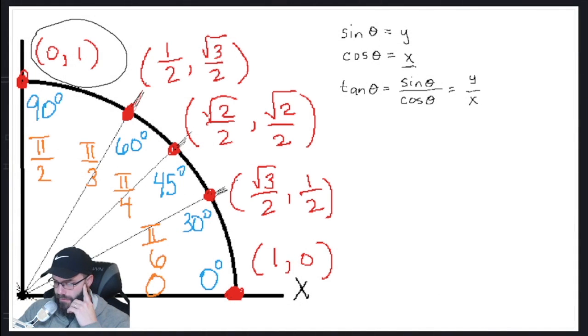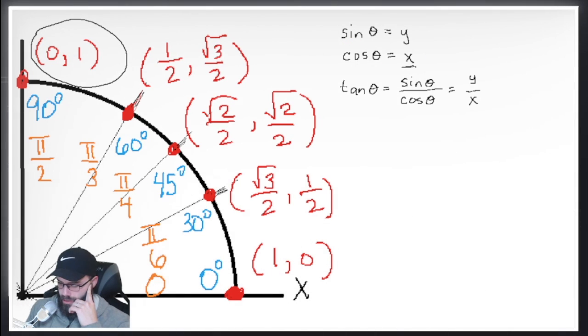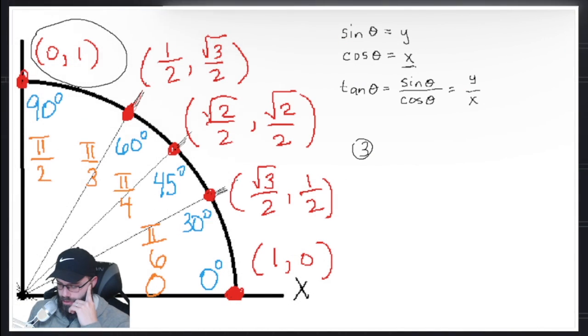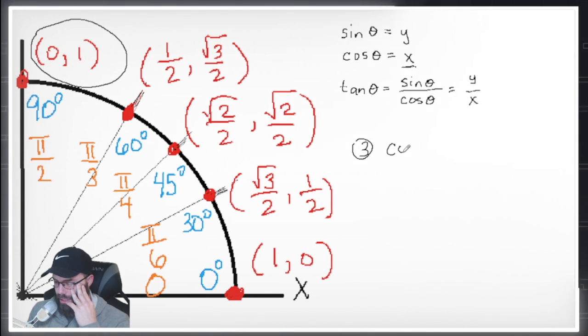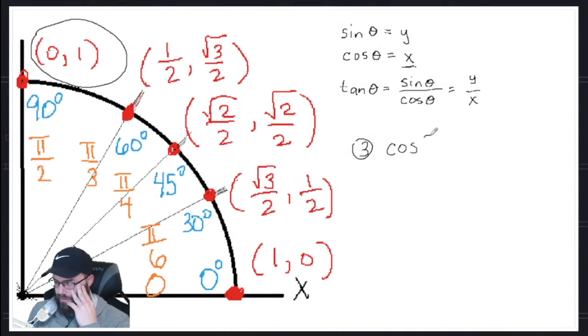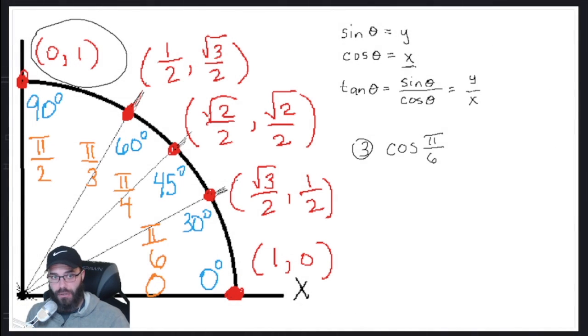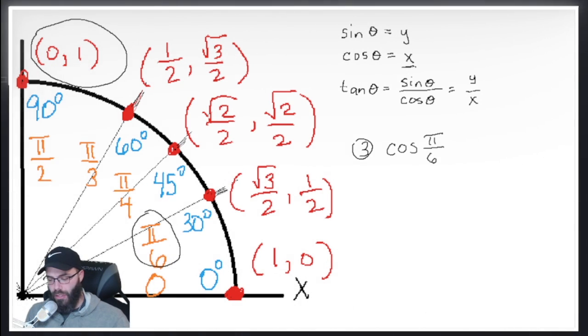So let's say I wanted to find, number 3, cosine of pi over 6. Now I'm in radians, which is the same idea. You still want to look at pi over 6. Where's pi over 6 on the unit circle? It's here. Find that angle on the unit circle.